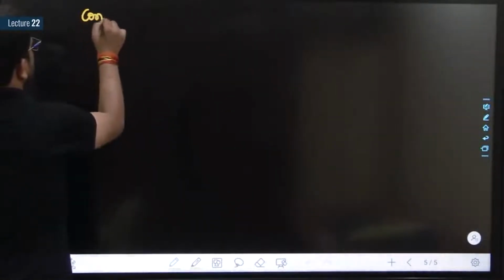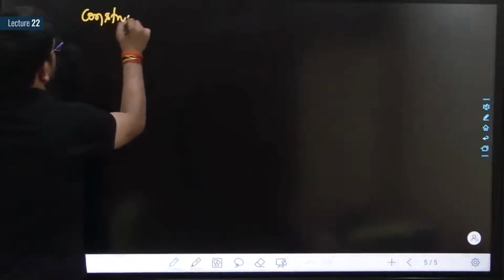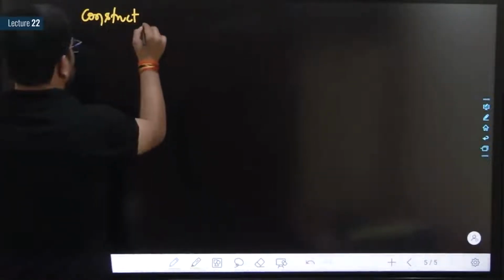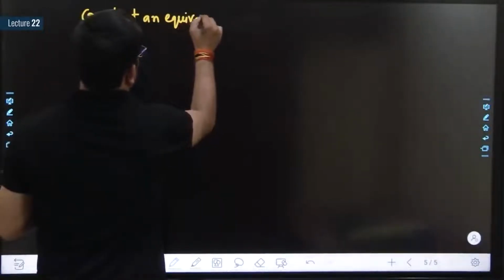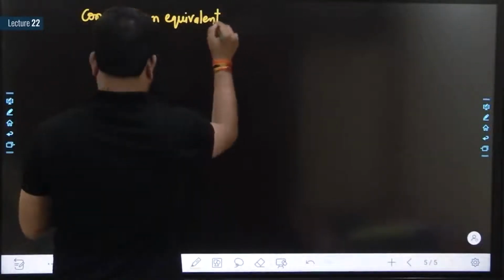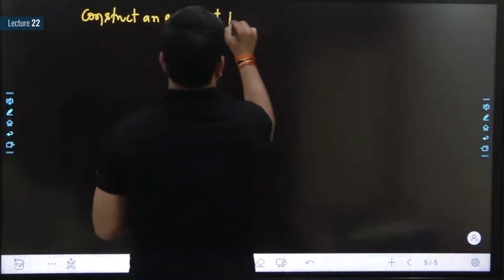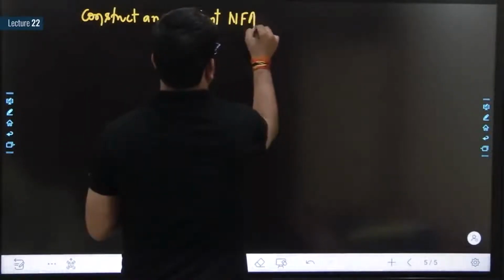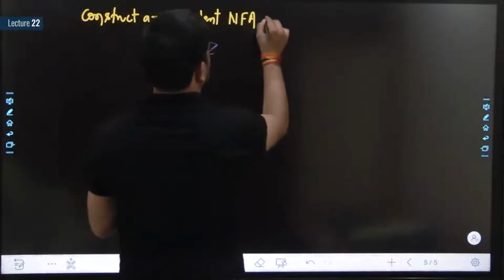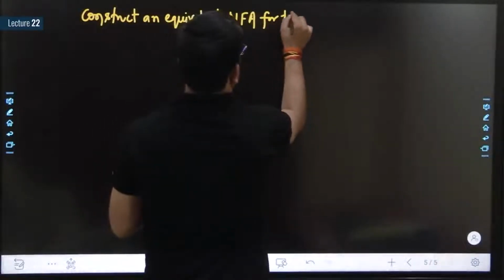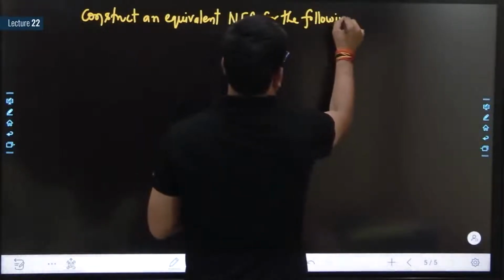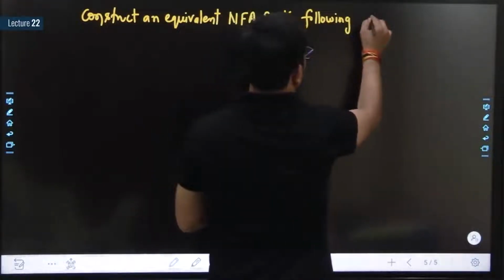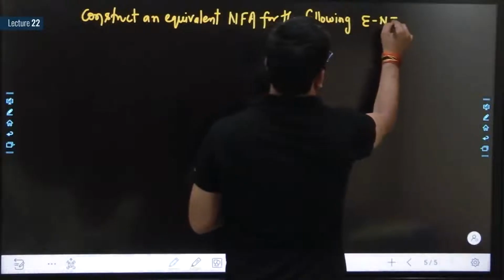Construct an equivalent NFA for the following epsilon-NFA.